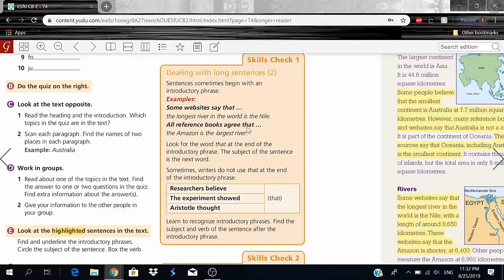So this that you guys saw, it's not always used at the end of the introductory phrase. So researchers believe, you could say that or you cannot. Both are correct. The experiment showed, Aristotle thought. Okay, so we're actually going to have an exercise about this in a second. So we've got to learn to recognize introductory phrases, right? Being able to find the subject and the verb after finding the introductory phrase.